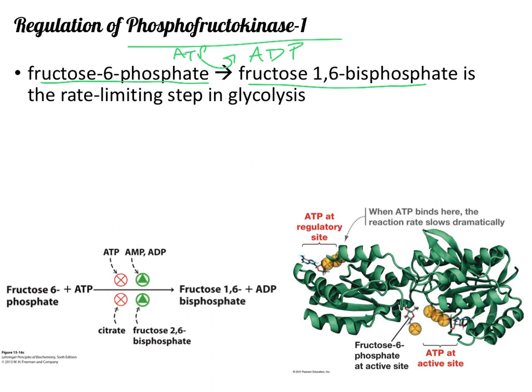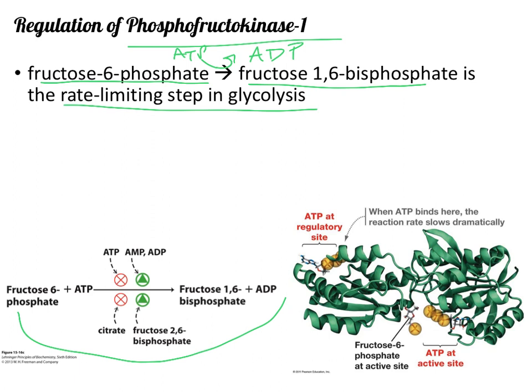Now this is the rate limiting step, so it's under the tightest control, because the rate limiting step is the place where you can get the most fine-tuned control of the output, or the flux, of the entire pathway. So again, another example of things that turn this step on versus turn this step off.